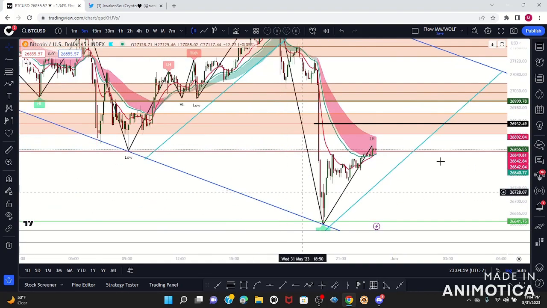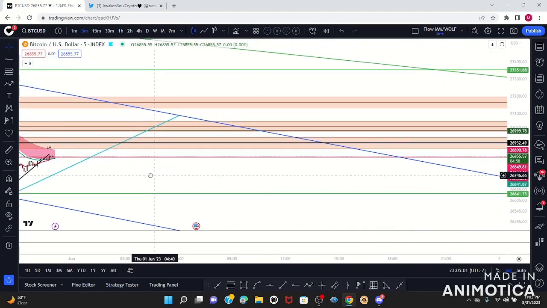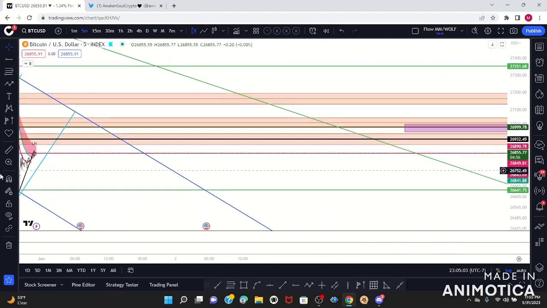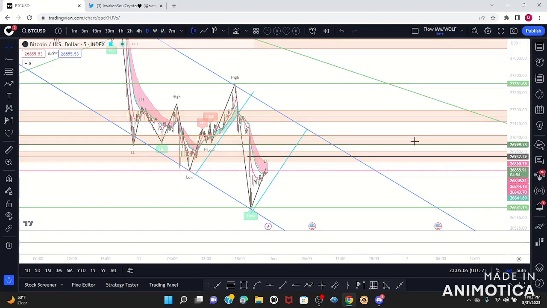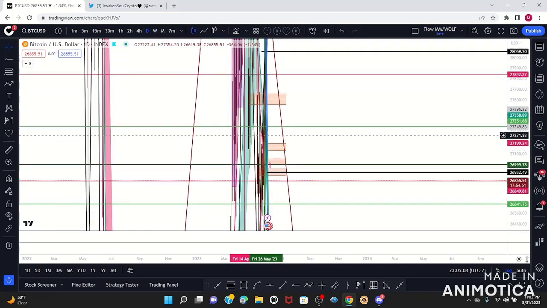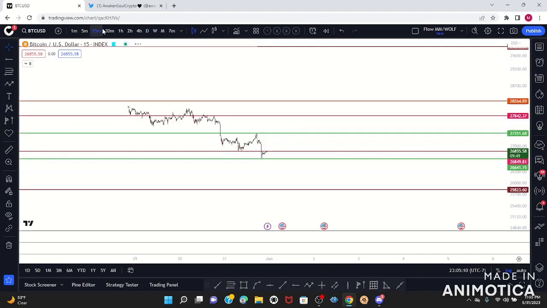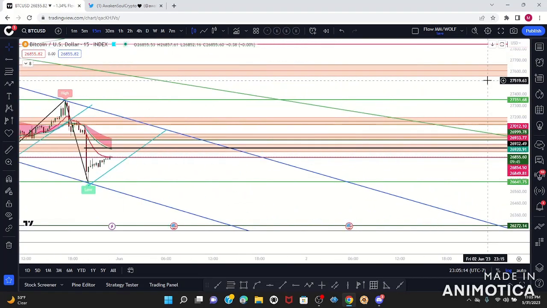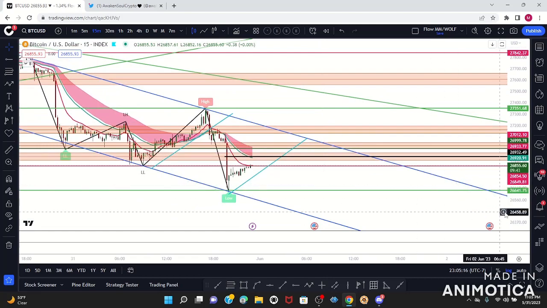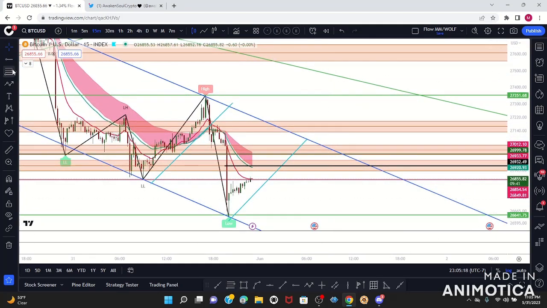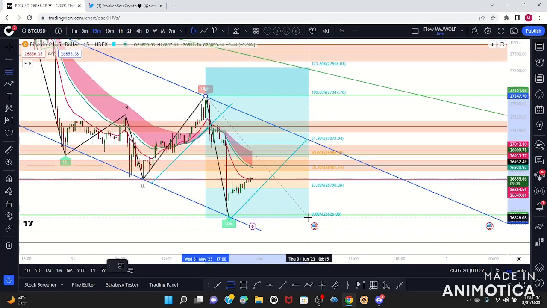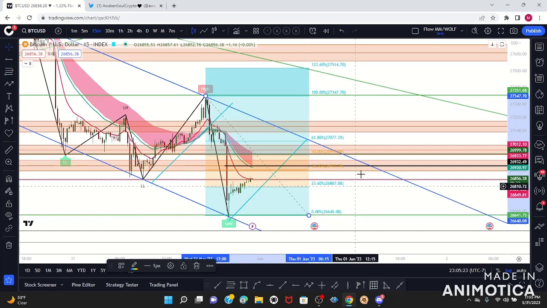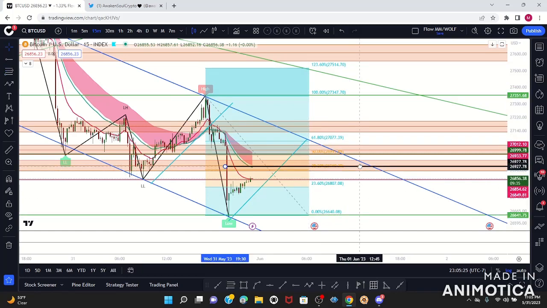So my POC, remember we have that 26.90, that's my POC. I'm pretty sure that was the POC. No, it's not the daily POC. Oh, I know what it was. It was the retrace, right? The 38.2 retrace here.